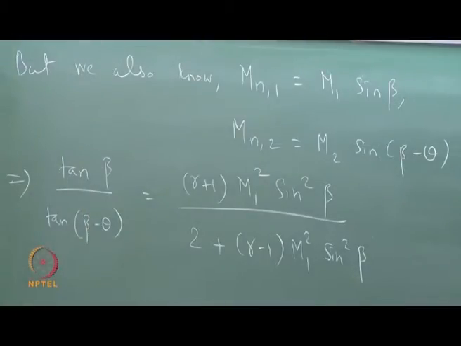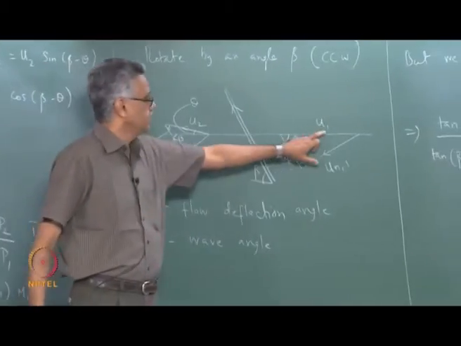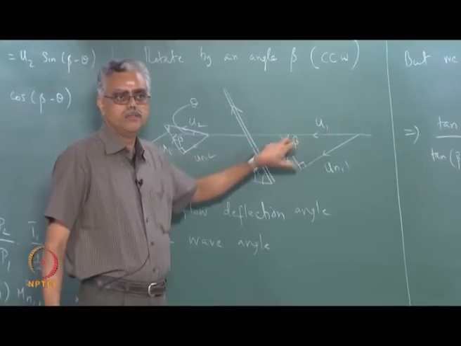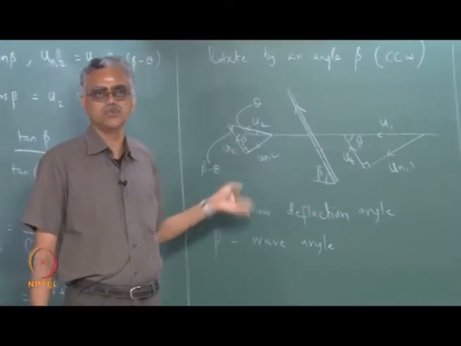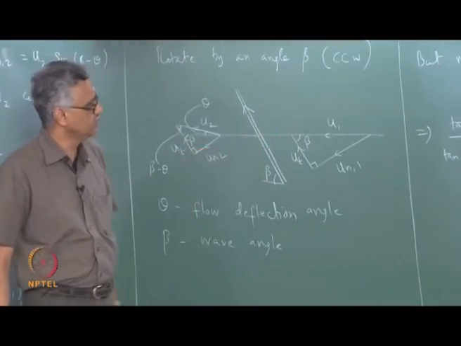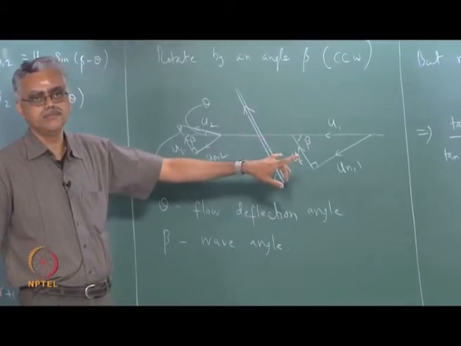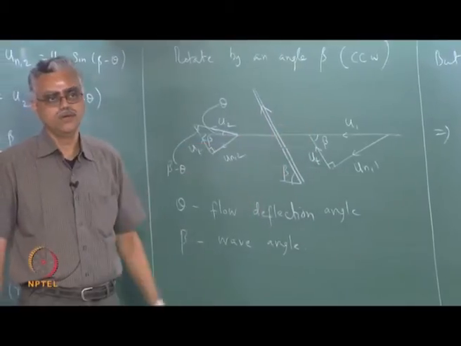And this was pretty much what I wanted, correct. I wanted a relationship which connected M1, beta and theta with M2 and other downstream properties. So, that is what I have now. So, once you give me one quantity or two quantities in this, I can evaluate all the other things.